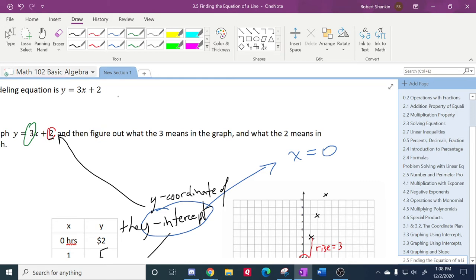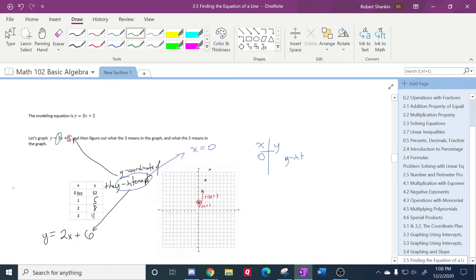So slope always shows up in these positions. Now, remember we talked about what the slope meant last time, and one of the things we talked about was the rate of change. I gave you the stock market, and I said, how fast is this stock rising? And notice, in this situation, you have a $2 charge.